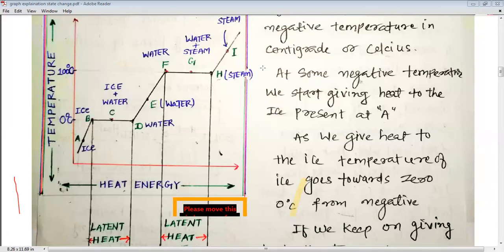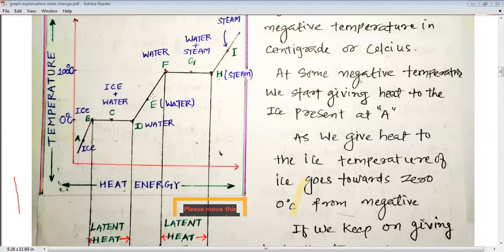But at point E, the temperature of the water is more than 0 degrees centigrade. Now, my dear students, even at point E, we keep on giving heat energy, and the temperature of the 1 kilogram of water keeps on rising. As the temperature keeps on rising, we move towards point F.